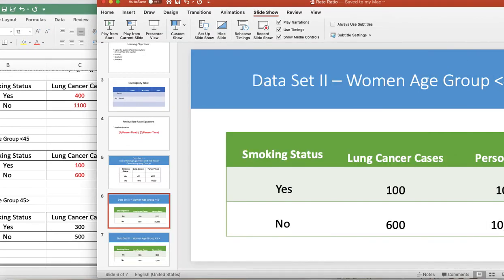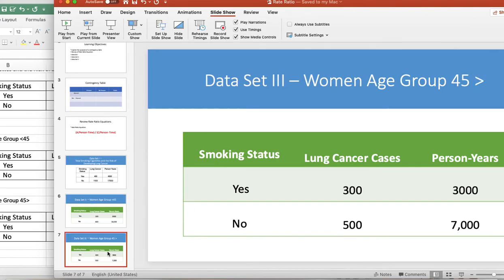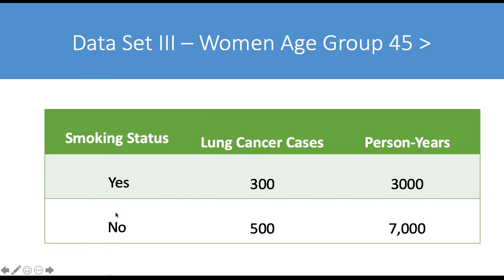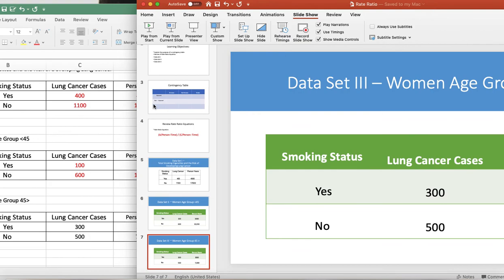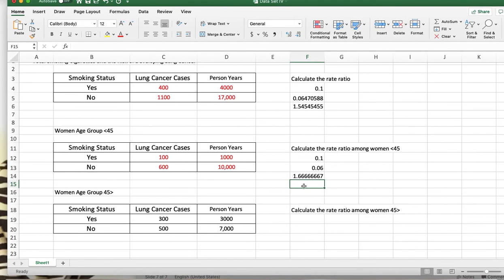Now, to our last data set, we have women older than 45, and you can see their smoking status, women who smoke cigarettes and who did not, and then the lung cancer cases that appeared for both the exposed and non-exposed group, and then you have their person years. This was created in Microsoft Excel, and we'll do our calculations.